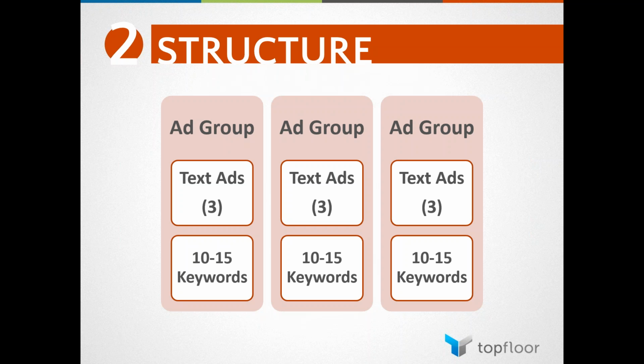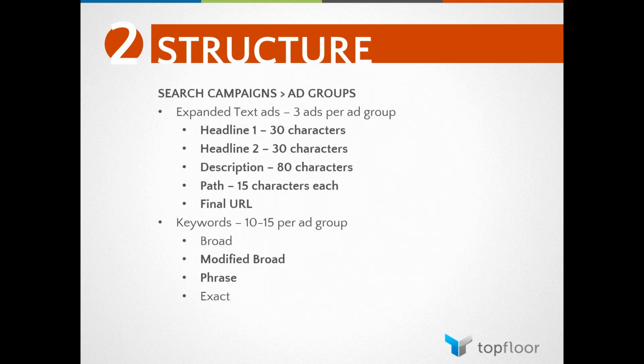We have had some great success with expanded text ads, and I find it easier to do A/B testing. We'll talk specifically about the structure of a text ad in the next slide. So each time you move down the list of the structure of a campaign, it's going to become more discrete, tighter themed, and easier to work with.